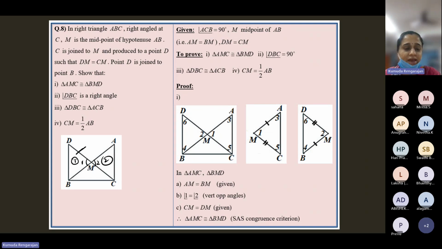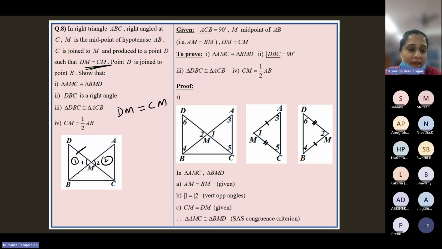DM is a side of the first triangle. It is equal to CM, a side of the second triangle. DM is equal to CM, it's given to us.